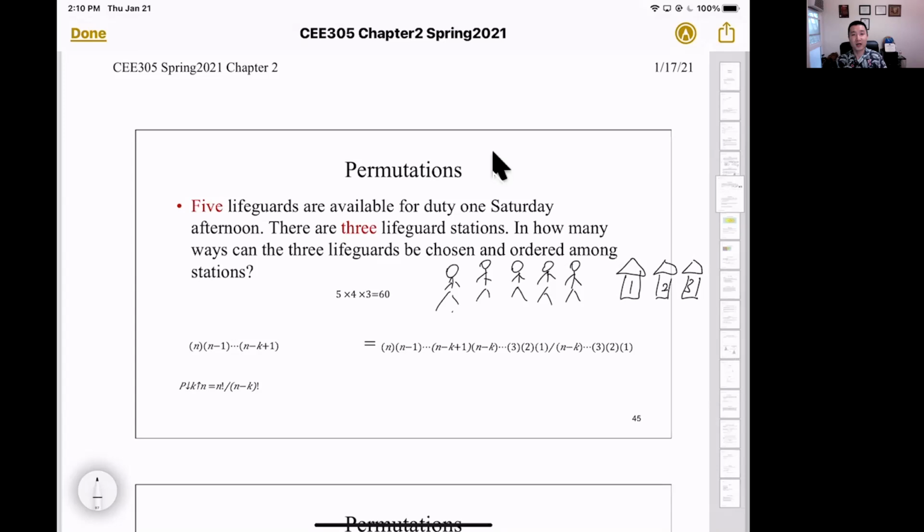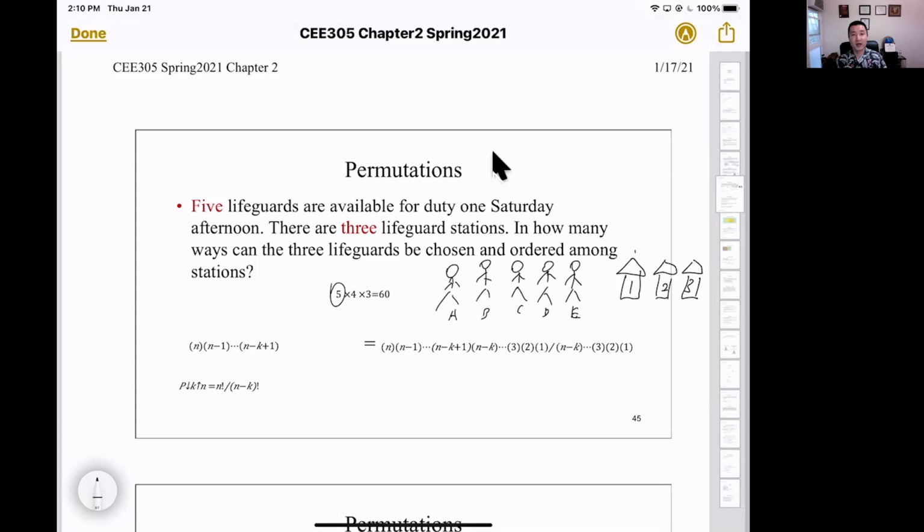Let's give them different names, A, B, C, D, E. So we pick 1 lifeguard for station number 1. How many ways can we do that? We have 5 ways to do that. And so that's the first step.